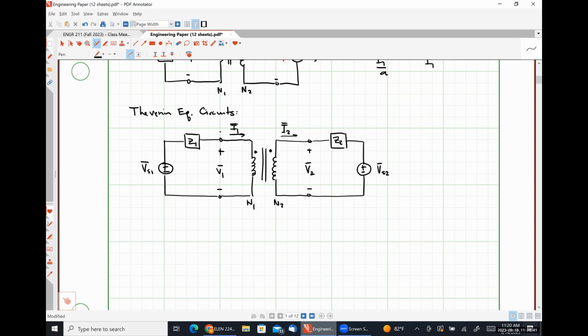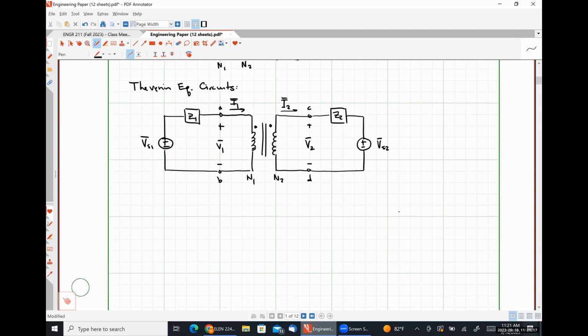And I'm going to label these terminals so that we have some idea of what we're talking about. So do we want to find the Thevenin equivalent circuit with respect to terminals A and B first, or with respect to terminals C and B? So effectively, do we want to see what the primary sees or what the secondary excitation sees? Primary first, okay.